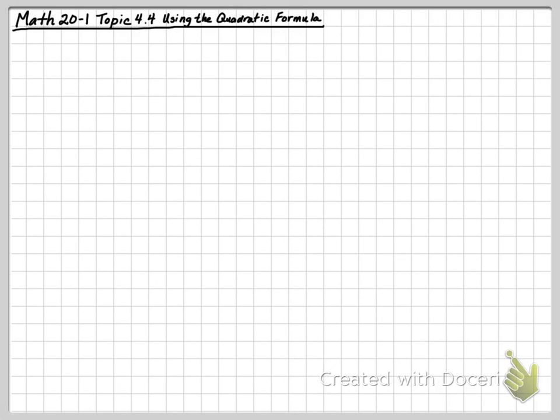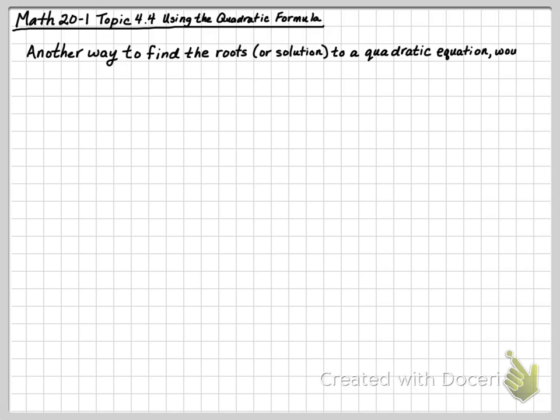Okay, today in Math 20-1 we're going to look at topic 4.4, using the quadratic formula. Another way that we're going to use to find the roots, or to solve quadratic equations, is to apply the quadratic formula.